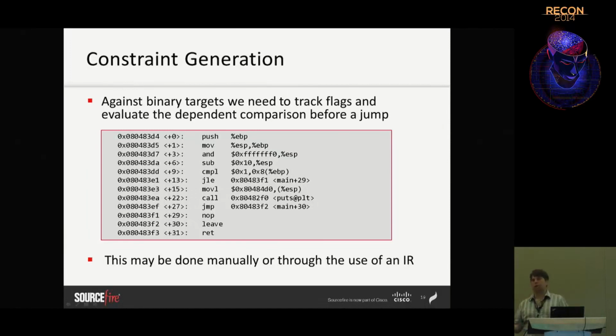You go from your native target to an IR, and the IR expands out each one of the x86 instructions into micro operations. This makes it much, much simpler for us to generate symbolic formulas. Unfortunately, the formulas themselves can be more verbose and need more optimization because you are breaking out each instruction into micro operations. But we get basically a free semantic description of what each instruction does by using the IR.